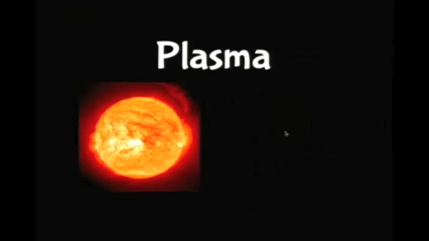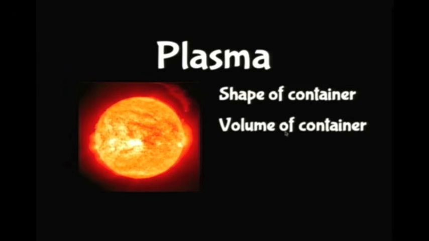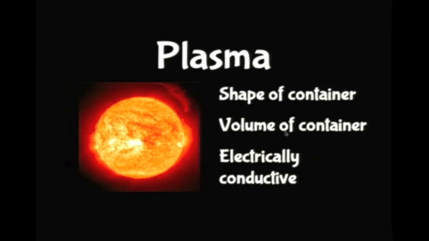This gives plasma two special properties. Plasma will take the shape of its container, and it will also take the volume of its container. So it behaves very much like a gas. However, it is considered electrically conductive, which gases are not. You can almost think of plasmas as like an energized gas.